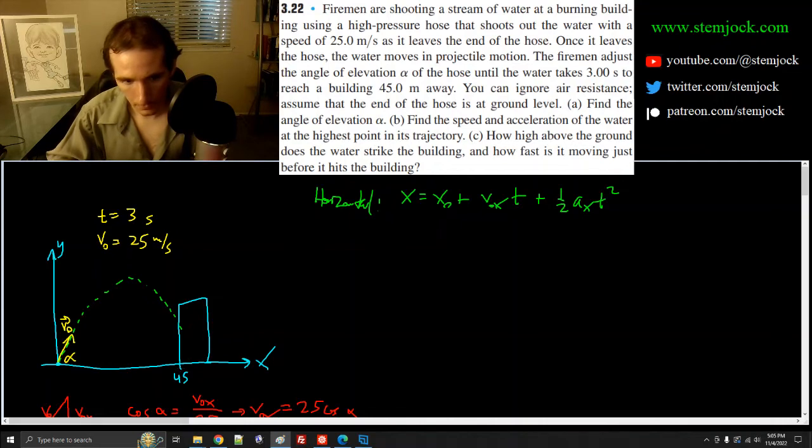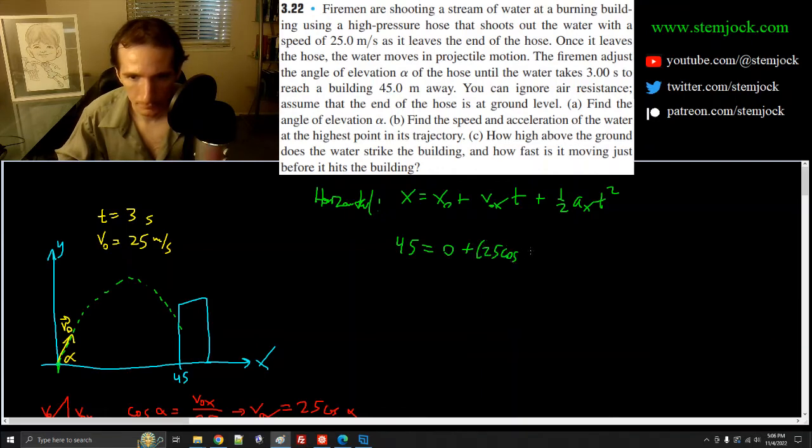The final x position of the water is going to be 45. Initial x position is 0. v0x, that's going to be 25 cosine alpha. And t is 3 seconds. That's the time it takes to go from the ground all the way to where it strikes the building. So 3.